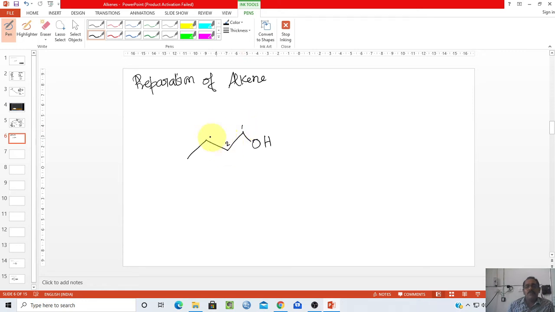This is 2, this is 3, 4. A 4-carbon system, therefore a butane system, to which an alcohol group is attached. So you can tell it is butanol. In the alcohol series we use the suffix OL. Alkane means ANE, alkene means ENE, and alcohol means OL. It is attached to the first carbon. Therefore it is 1-butanol.